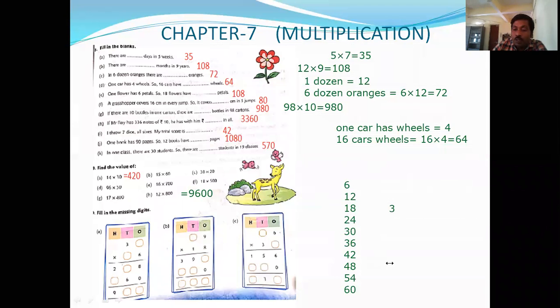What are the possibilities here? Yes, 3 and 8. Now, when we multiply 6 by 3, we get 18.